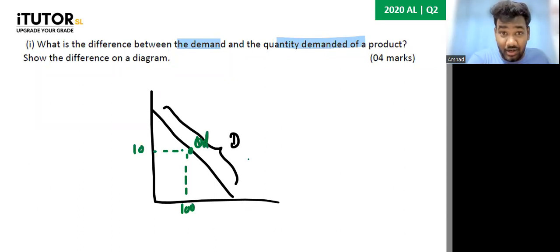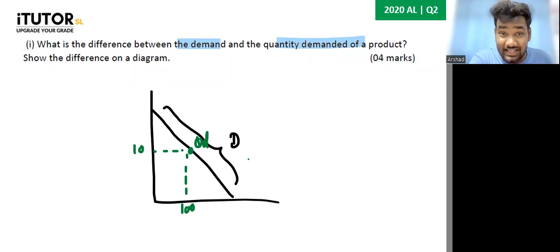Remember, quantity demanded is at one particular price, how much the consumer will buy. It's just one point. Demand is all the points at different prices. What are the quantities consumers are willing to buy? That is the story about demand and quantity demanded.